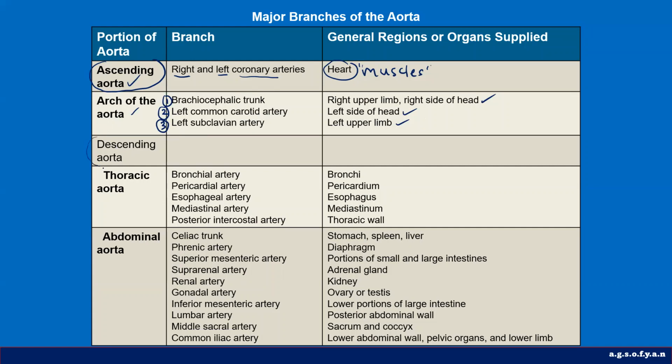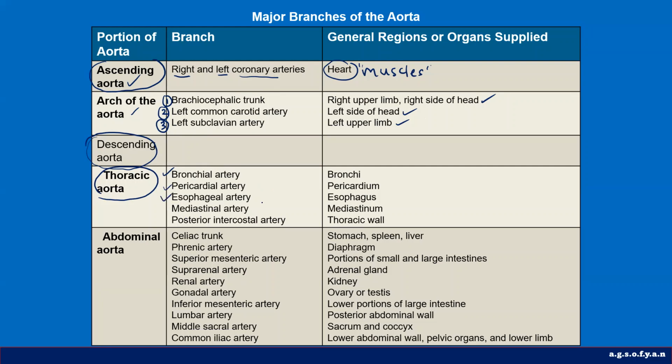Now, the descending aorta, when it is passing the thoracic cavity, is called the thoracic aorta. It will give blood to, for example, the bronchus, so the bronchial artery. The pericardial artery gives blood to the pericardium.